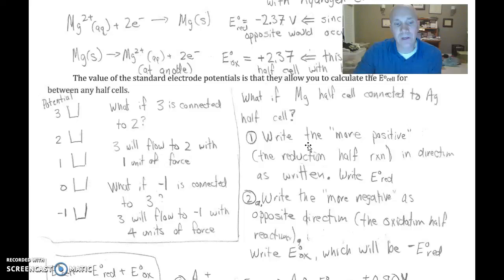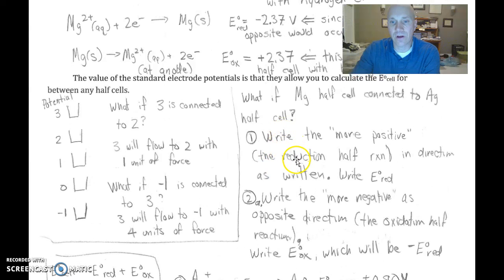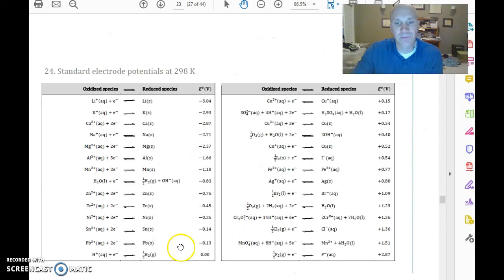All right, so how are we going to do this? Step number one, write down the more positive of the half reactions, or of the reduction half reactions. All right, so what we want to find is the one that involves magnesium and the one that involves silver. All right, so let's go back over here to our standard electrode potential, and remember, all of these are written as reductions.